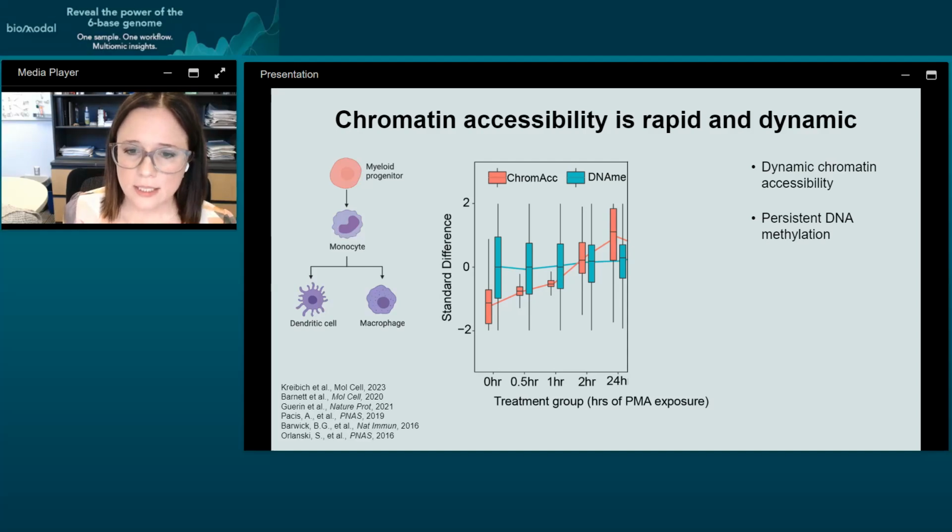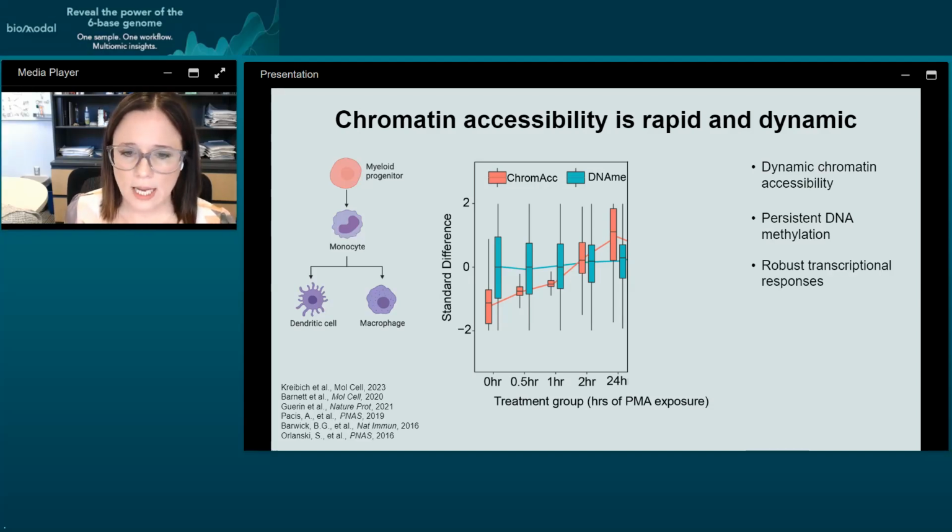But what was immediately obvious to us, and also very surprising, is that throughout this time course, nothing happens to DNA methylation. You have all these changes that are happening to chromatin, but very persistent levels of methylation within these dynamic chromatin accessibility sites. So this was pretty surprising.